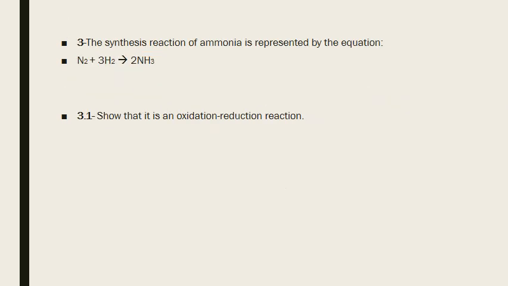The synthesis reaction of ammonia is represented by the equation N2 plus 3H2 gives 2NH3. Show that this is an oxidation reduction reaction. So the oxidation number of N2 is 0, of H2 is also 0, and in NH3, each hydrogen is plus 1, so with 3 hydrogens, the nitrogen is minus 3.